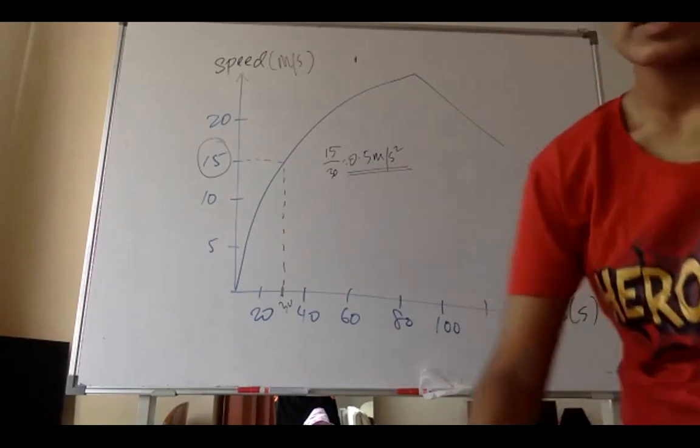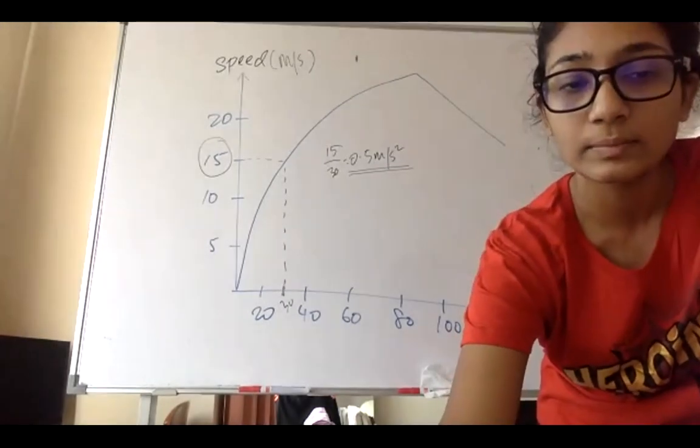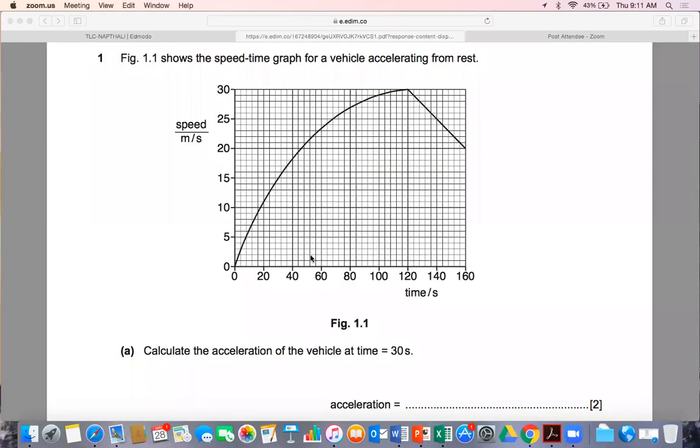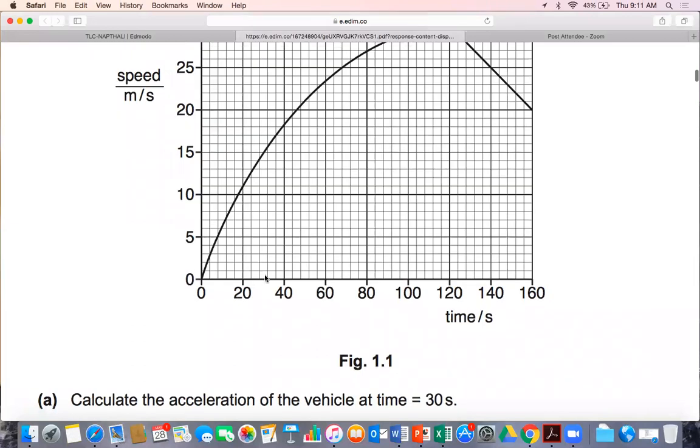Okay, let me look at the question again. So 30 is somewhere here. Oh, it's slightly less than 15. Maybe 11, 12, 13, 14, about 14.5.